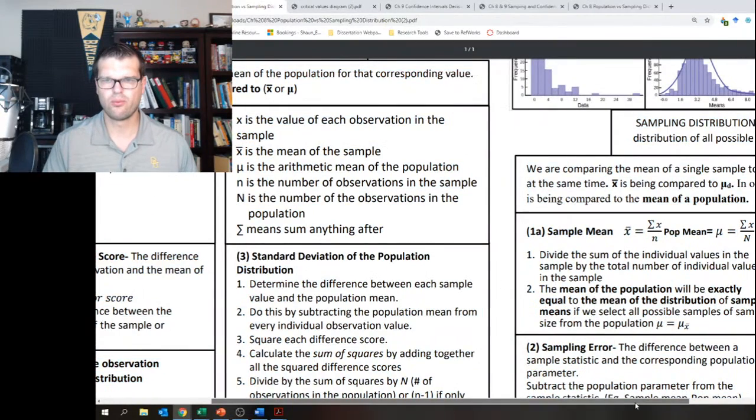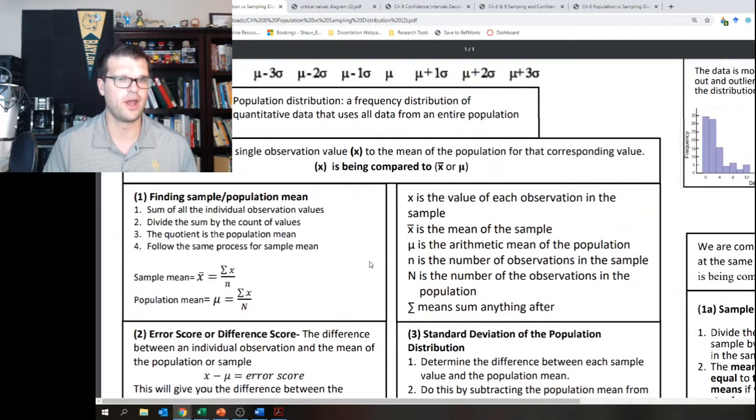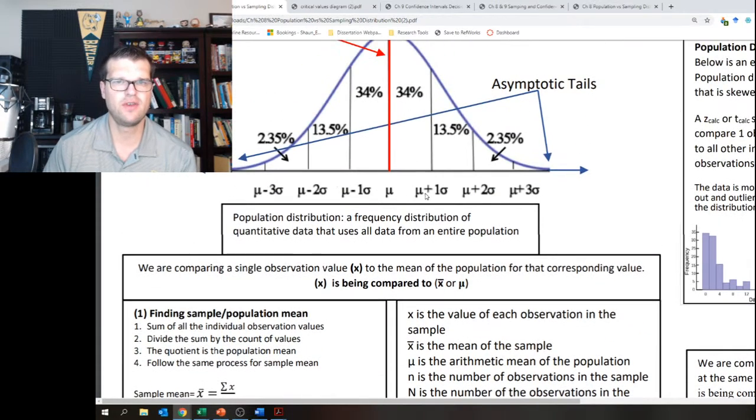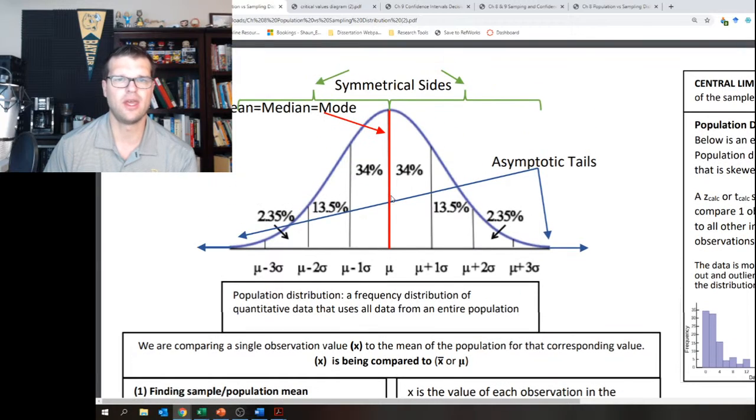Remember previously, before the break, we would have a sample mean and a population mean, and we also had standard deviations, and we were able to use the normal distribution to say, hey, this many observations are within this many standard deviations.